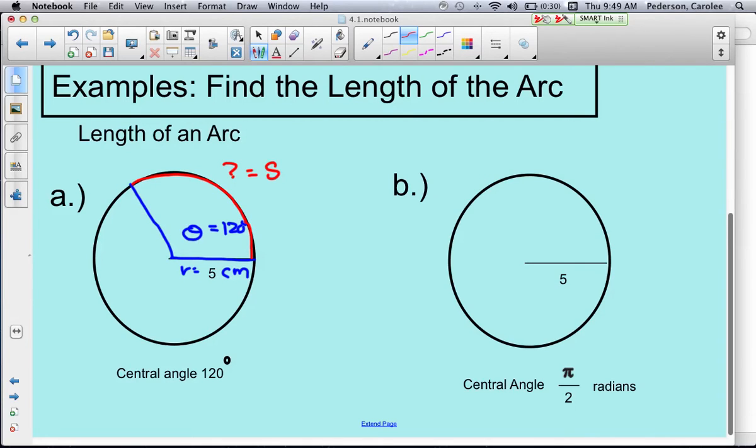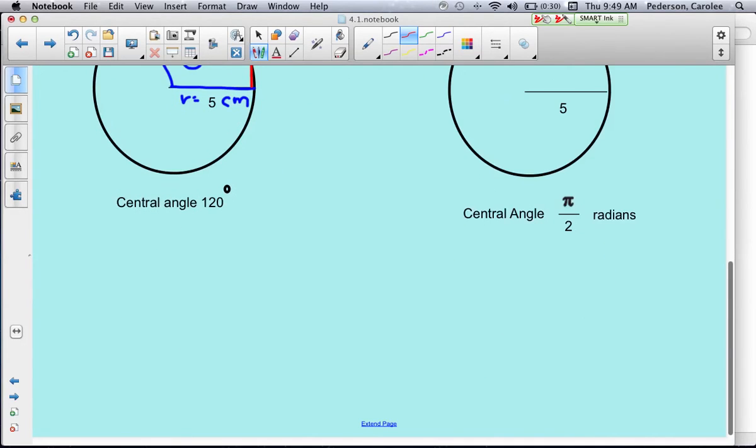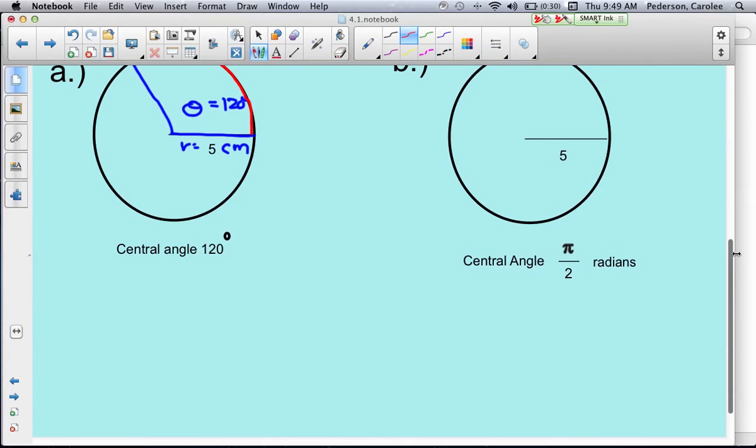Either use the formula that we gave you yesterday, or remember from the chart, by memorization, what 120 degrees is. Either way. So we'll do step 1 together. I'm going to use the formula just to practice it again.